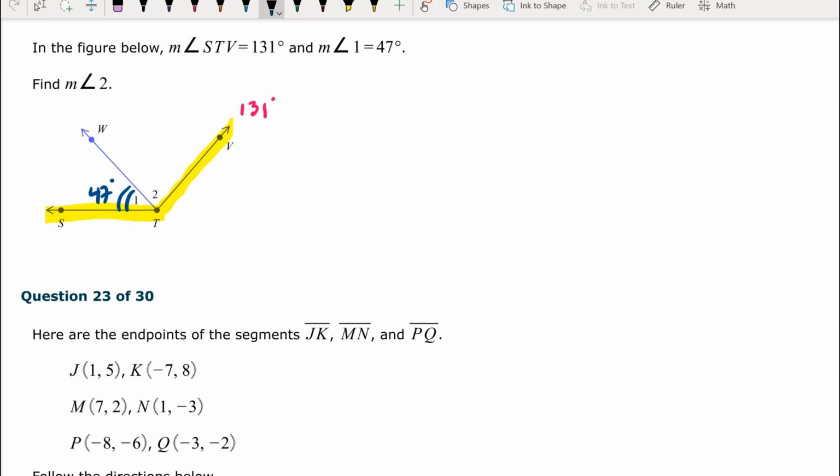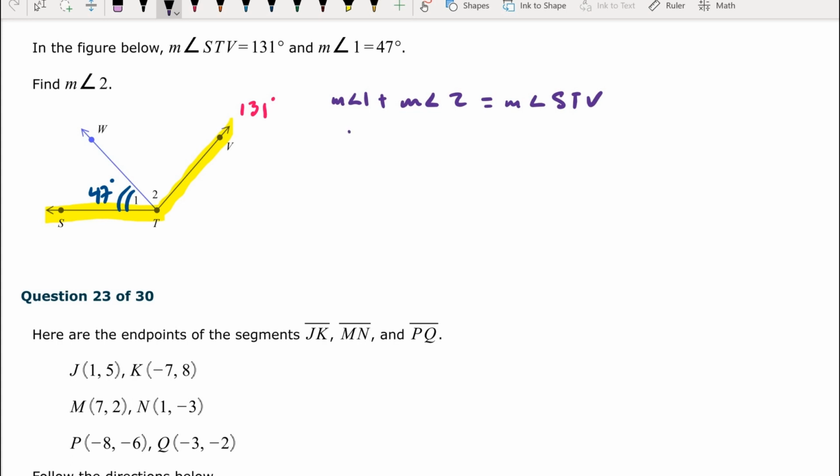So the big angle is 131. A part of it is 47. So what is the missing part? We use the addition of the angles. Measure of angle 1 plus measure of angle 2 equals the big angle, measure of angle STV.